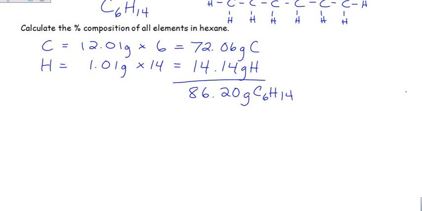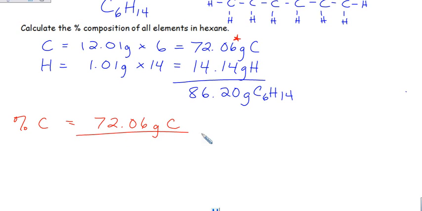So what if I want to do the percent carbon? Then we want the mass of carbon divided by mass of the compound. We want the total mass of all the carbon. So I really want to go back to this guy. There were 6 carbon, so I want the 72.06 grams of carbon, the total mass of carbon.